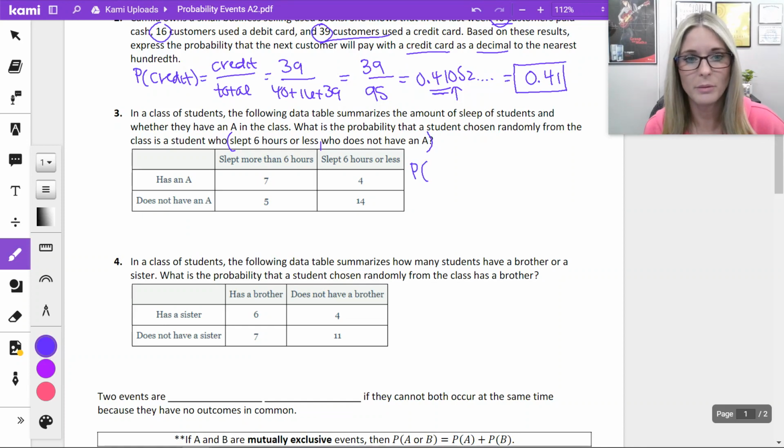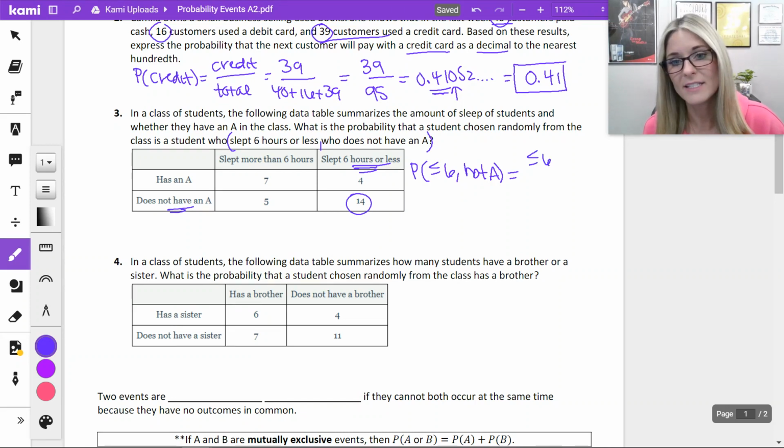We're looking for the probability of a student who slept 6 hours or less. I'm going to use some notation here, less than or equal to 6, just shorthand for myself, and does not have an A. All right, there's our probability. So less than 6 hours is this column. Does not have an A is going to be these 14 students here. We're going to have our less than or equal to 6 hours, not an A in the class, over the total number of students in the class.